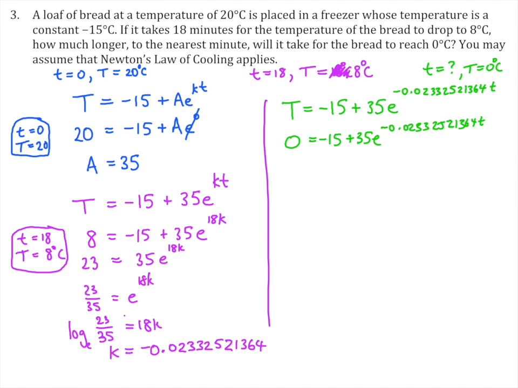Minus 0.02332521364t plus, I'm going to do 2 steps in one line here. I'm going to plus the 15, then I'm going to divide by 35 to both sides. Hopefully you understand what I'm doing there. Now I'll slide the base, so I get the natural log of 15 over 35. Now that cancels, but it doesn't matter. The calculator will take care of that.